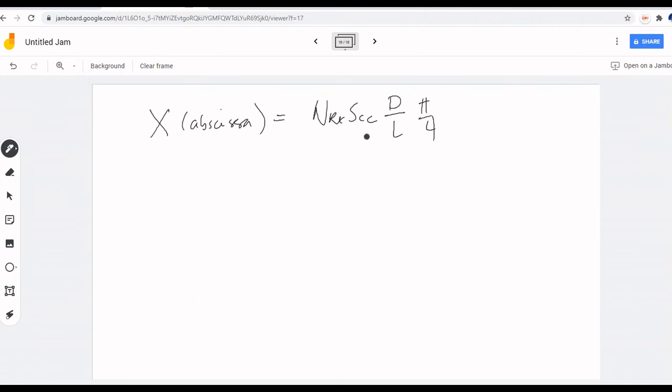Then there's a need for us to determine the Schmidt number, or this is Sc. For now, we cannot yet determine this abscissa value because we still don't have the Schmidt number.